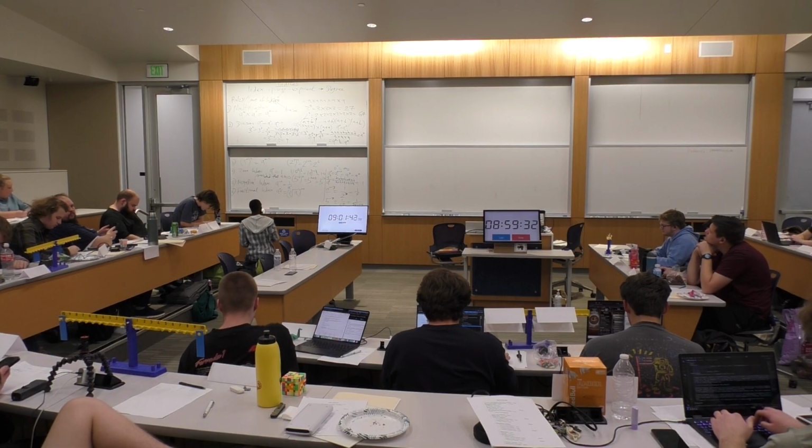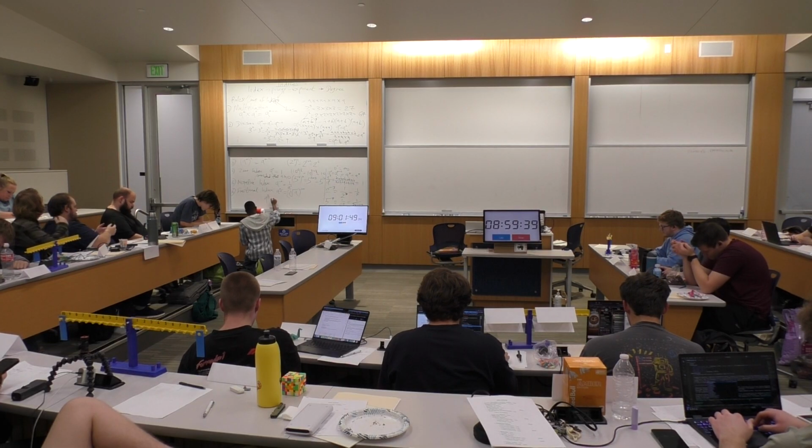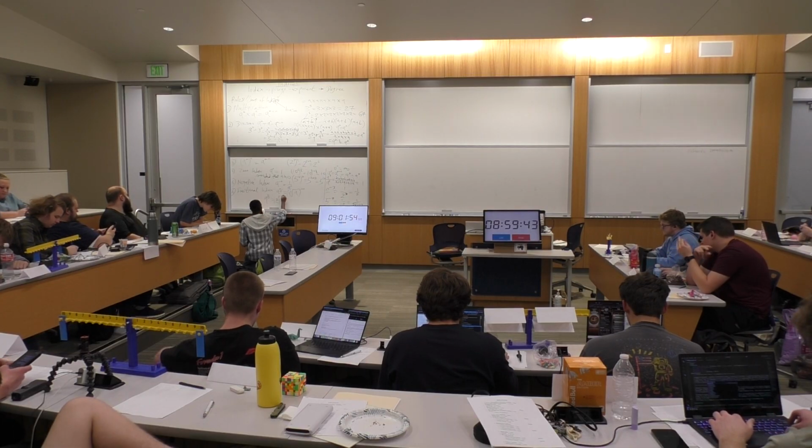So the idea from this is that if you have 9 power 3 over 2, this is equal to the square root of 9, power 3.